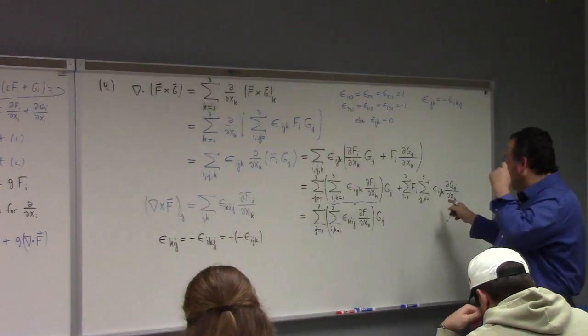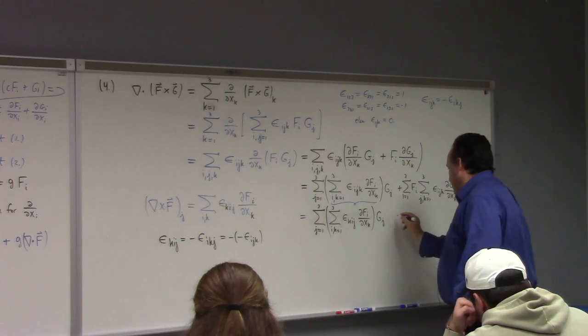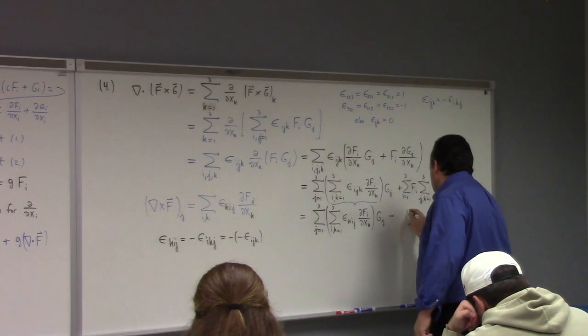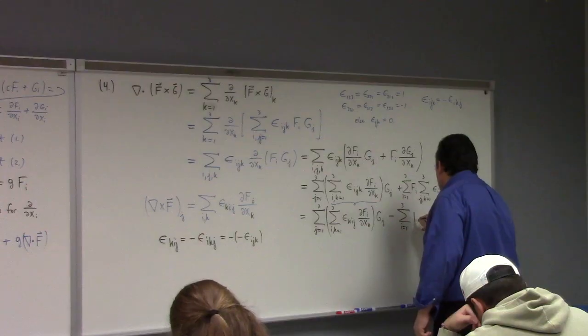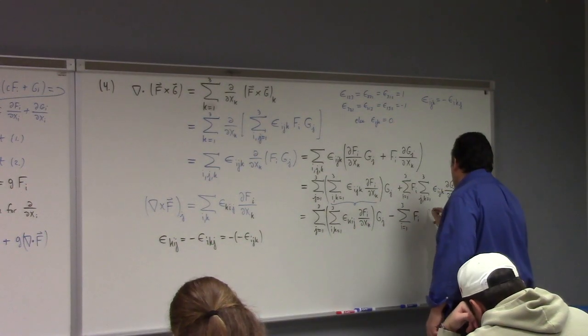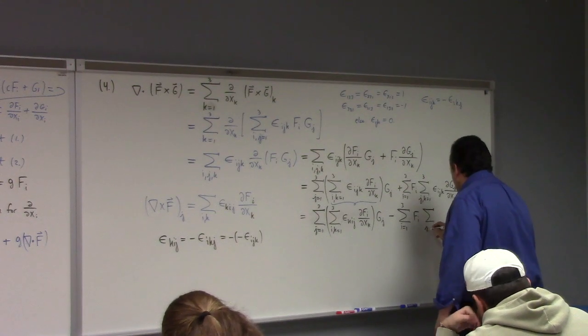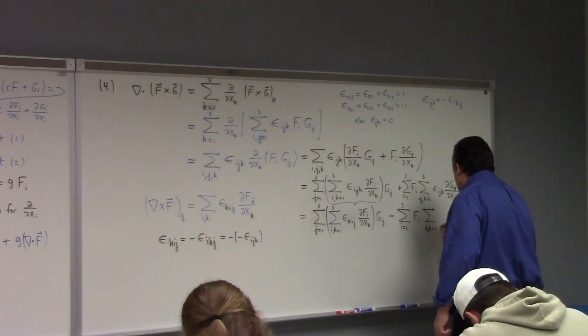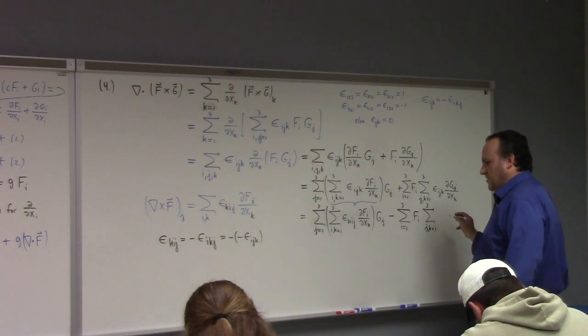Now over here, I'm pretty sure there's a minus on this one. So this is the sum i equals 1 to 3 of f sub i, sum over j and k equals 1 to 3. I hope I'm not doing your homework right now. This feels homeworky.